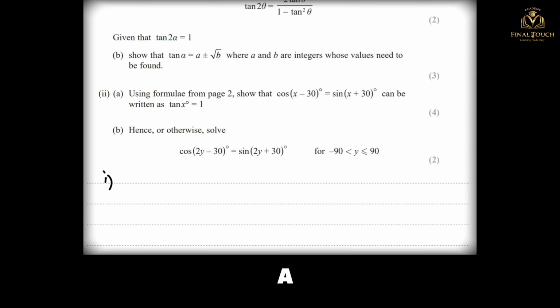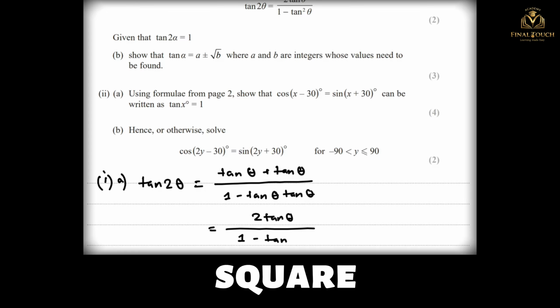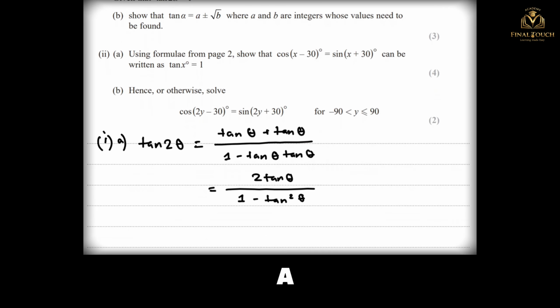So 1A, tan 2 theta, we know tan theta plus tan theta can be written as 1 minus tan theta into tan theta. So that gives us 2 tan theta and 1 minus tan square theta. And that's done for part A.